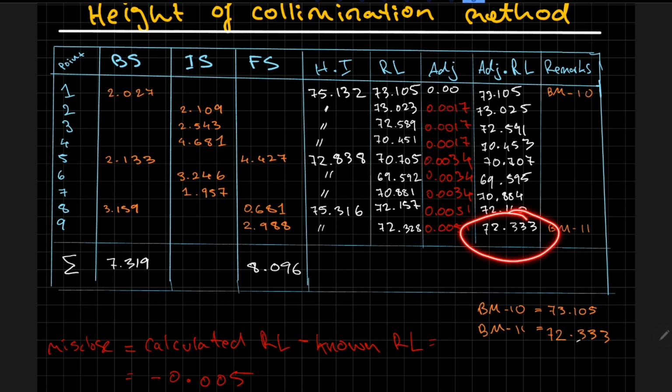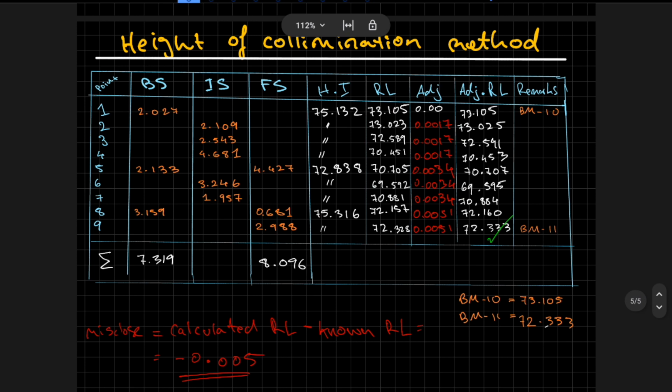And with the final one, we have to make sure that 72.328 plus 0.0051 equals 72.333. These two added together have to equal this one, and it checks out: 72.3331. So we can give a tick to confirm that it's correct. And that is our adjustment values complete.